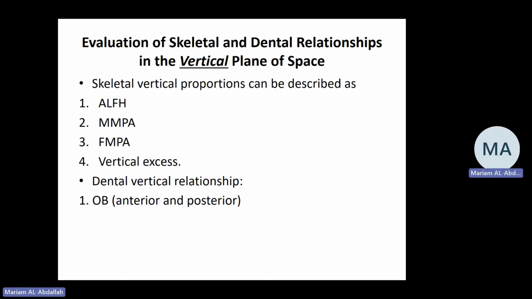Now we come to the vertical. What are the problems that could be mentioned here? Extraorally, problems related to the anterior lower facial height, maxillomandibular plane angle, Frankfurt mandibular plane angle, and vertical excess of the jaws. And dentally, the main feature is the overbite.